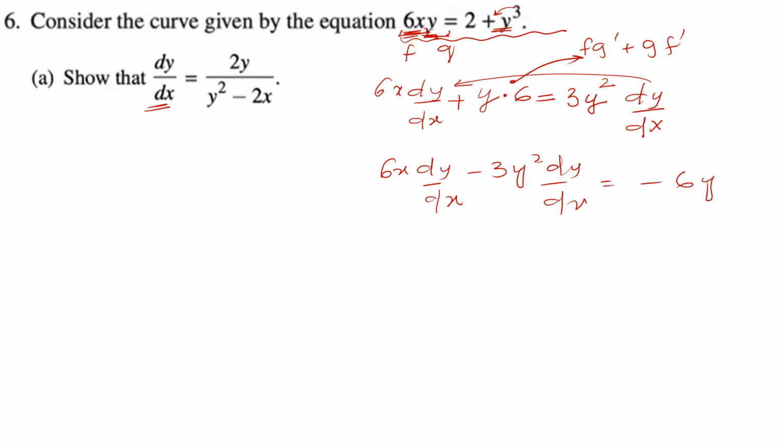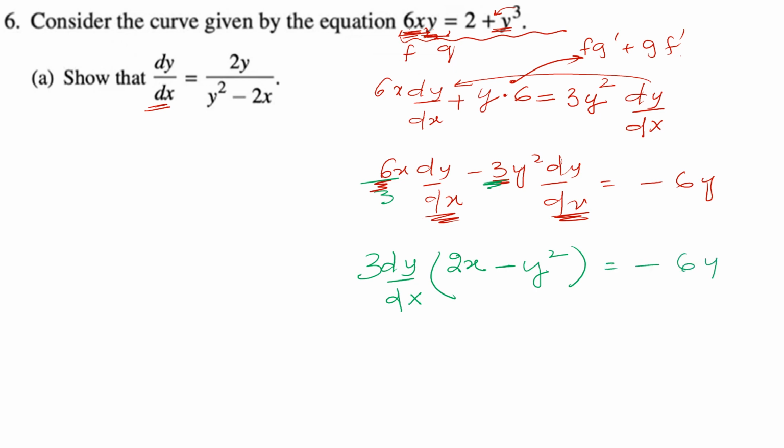Now from the left hand side, take the dy/dx common, and also take the 3 common. So now if you divide by 3, you will get (2x - y^2) dy/dx equals -2y.